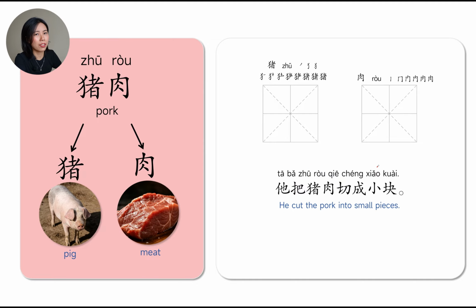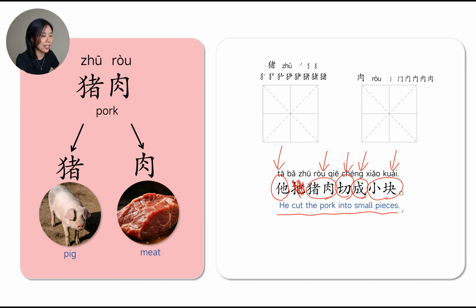Questions. Can I get rid of the 把? Like, can I say 他切猪肉成小块? I just don't like the 把. So that would be he cut the pork into small pieces, just like English. Well, in that case, we will also understand.